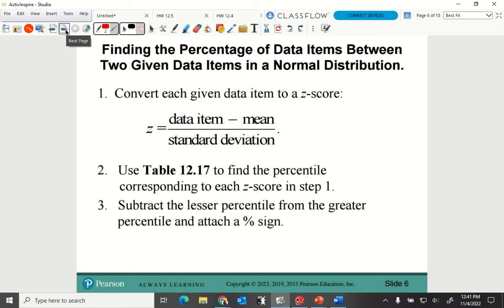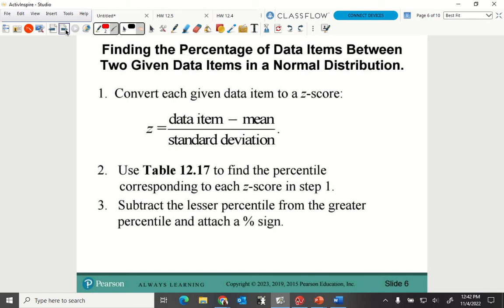All right, let's keep going. This next one says: find percentages of data items between two given data items in a normal distribution. So, what is a normal distribution? What's the shape of a normal distribution? A bell curve. So when I say normal distribution, you say bell curve.